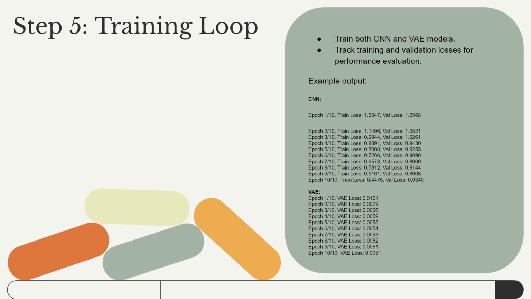For the convolutional neural network, over 10 epochs, the training loss decreased from 1.50 to 0.45, and the validation loss stabilized around 0.89 to 0.93, showing that the convolutional neural network effectively learned to classify images. For the variational autoencoder, the reconstruction loss decreased steadily, indicating that it successfully reconstructed images.